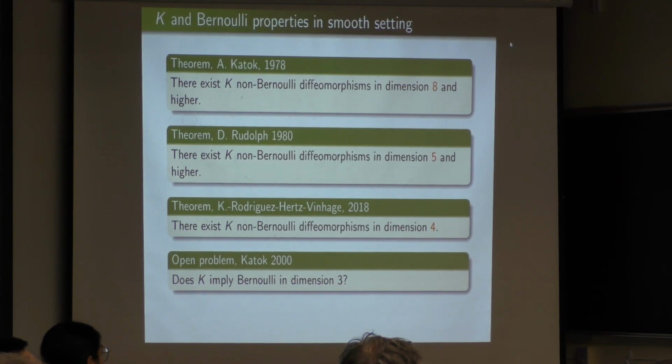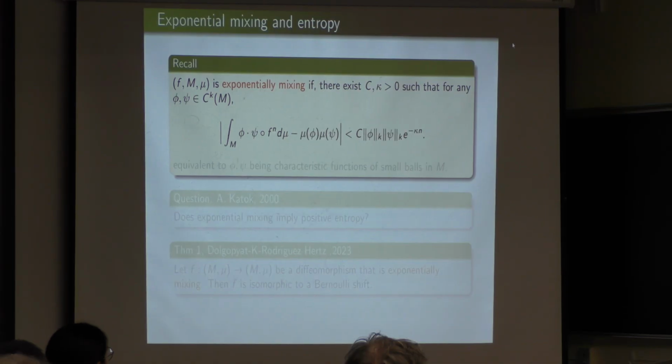And one last thing I want to say is a relation between exponential mixing and entropy. Exponential mixing was long studied in smooth dynamical systems through transfer operators, for example. I just recall the definition.